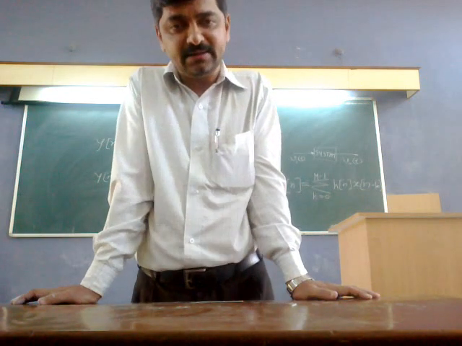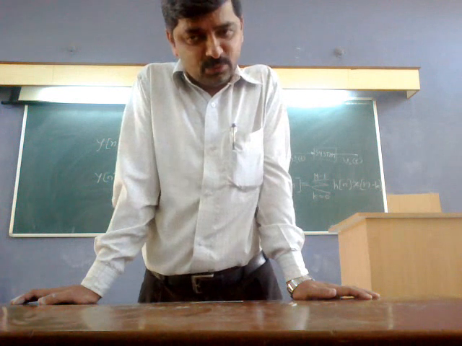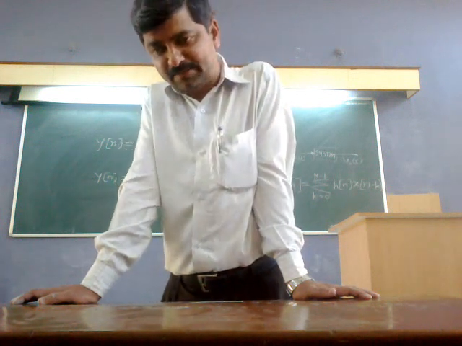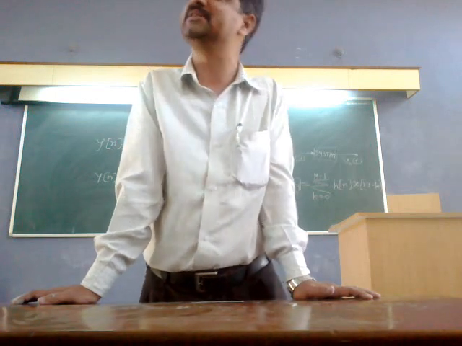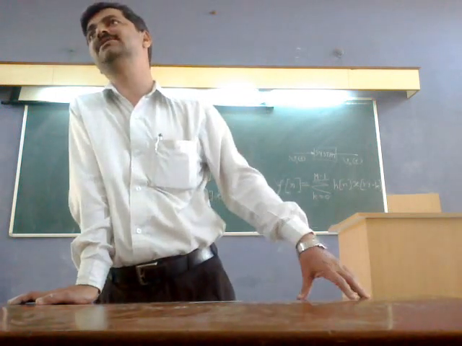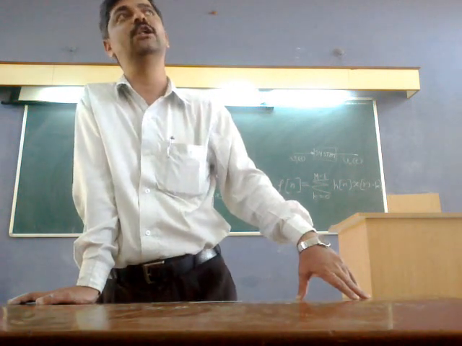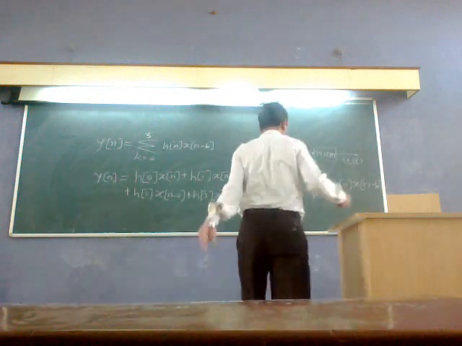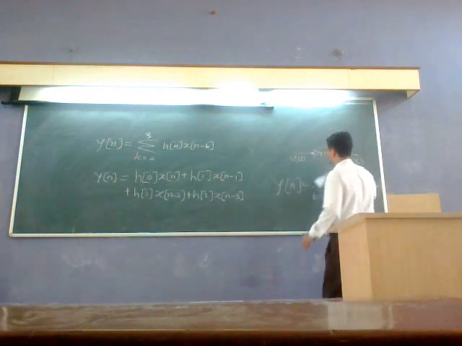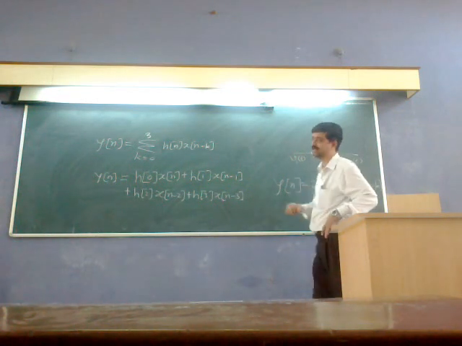We had stated that I can have a system in which the output is dependent on the current and all previous inputs, or the output is the weighted sum of the current and all previous inputs. When I say all previous inputs, what will happen with this m minus 1? This will become infinite, and it will create problems.